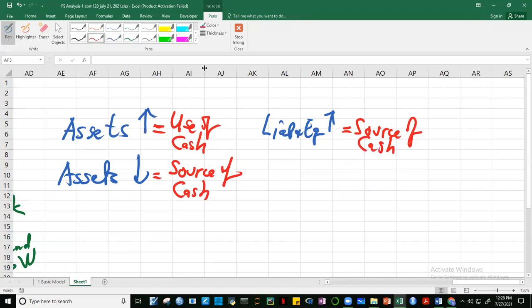And then here, liabilities and equity go down, then we know that this is a use of cash.